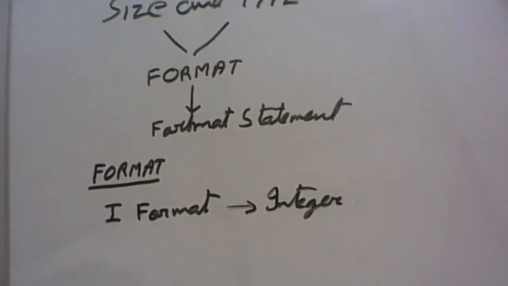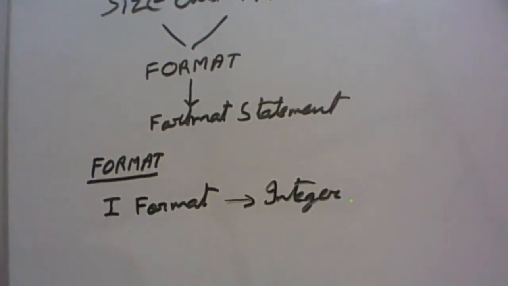The general form of this I format is IW, where I stands for the integer format and W is the width of the data that will be input or output.